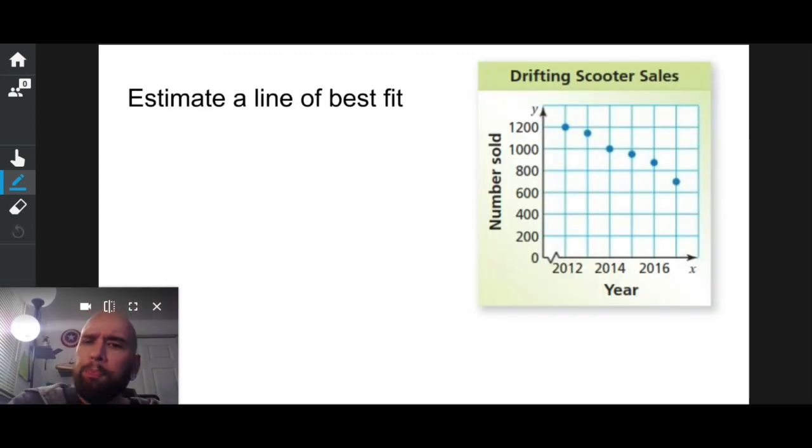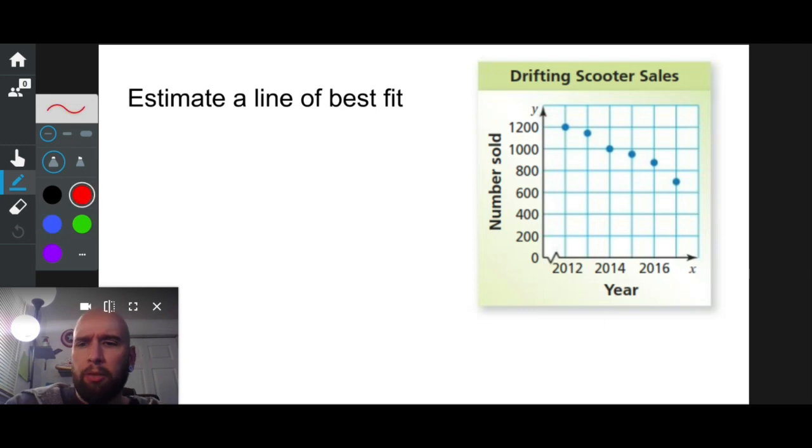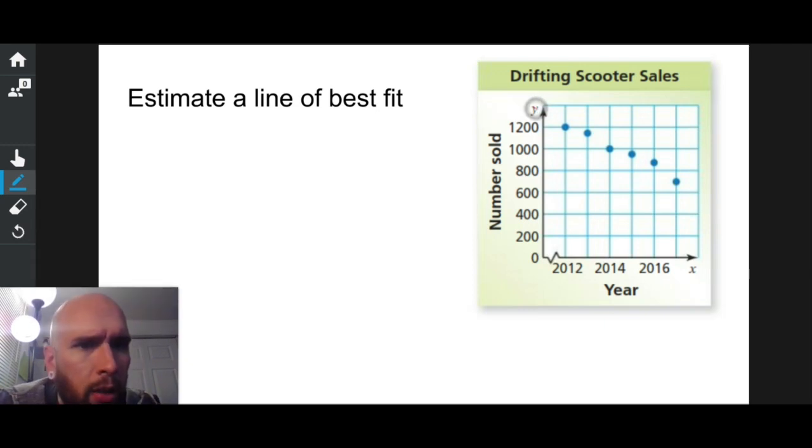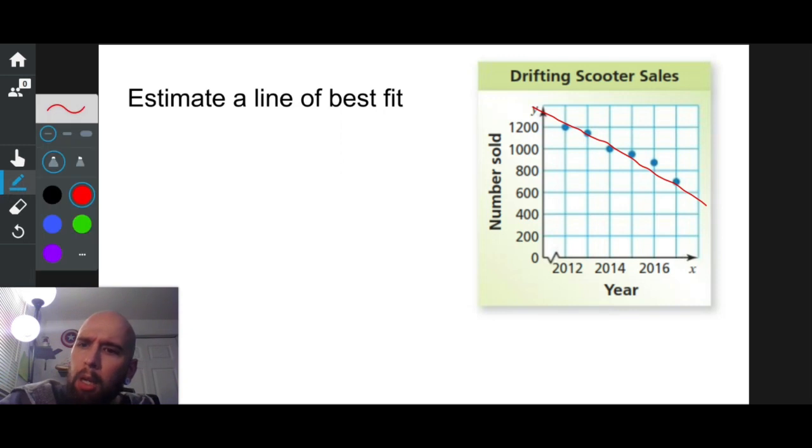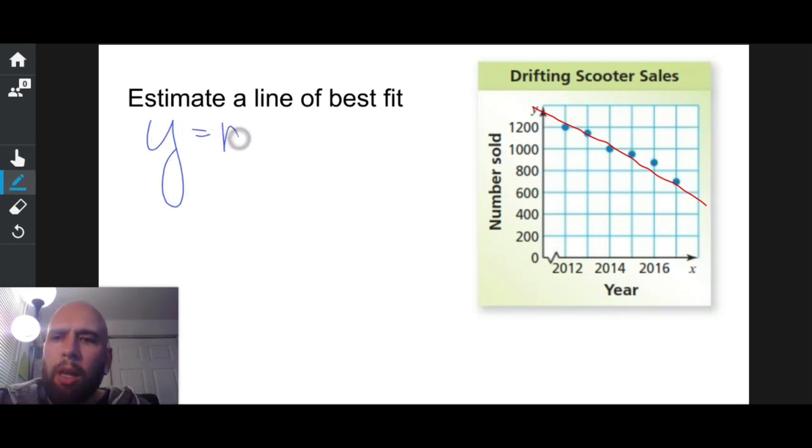Speaking of that, estimate the line of best fit. So I'm going to draw myself a line that kind of cuts through all the points there. I'm really nervous, so it's a squiggly line. Remember, slope-intercept form gives me the equation of a line, so y equals mx plus b.